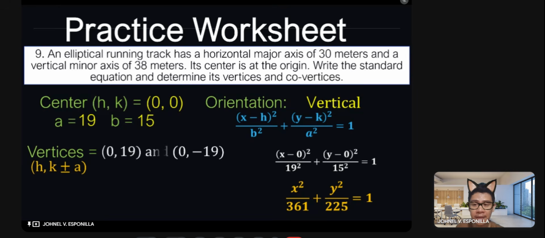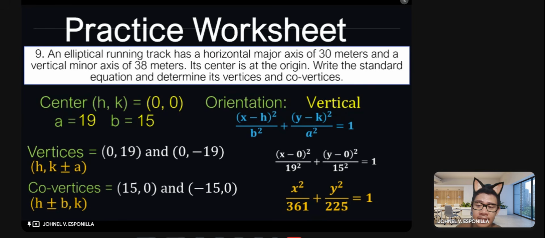So plus minus 19. Yun po yung vertices natin. And for the co-vertices, plus minus B sa H naman, since 0 siya yung H natin, ano ang co-vertices? That is 15, 0, and negative 15, 0. Ito na po yung sagot sa number 9.